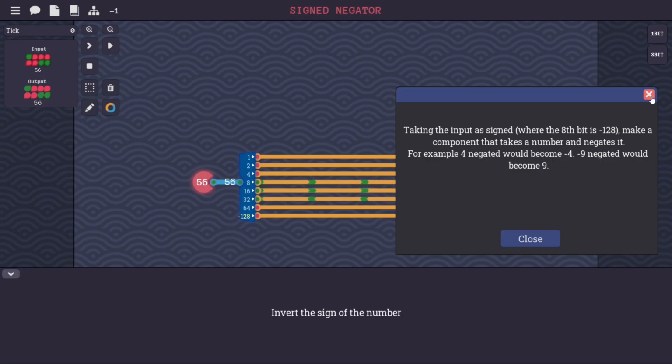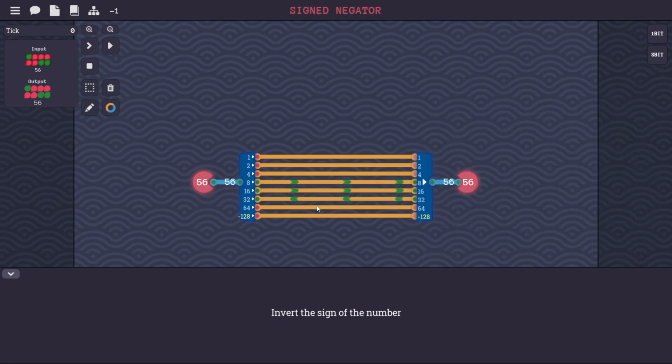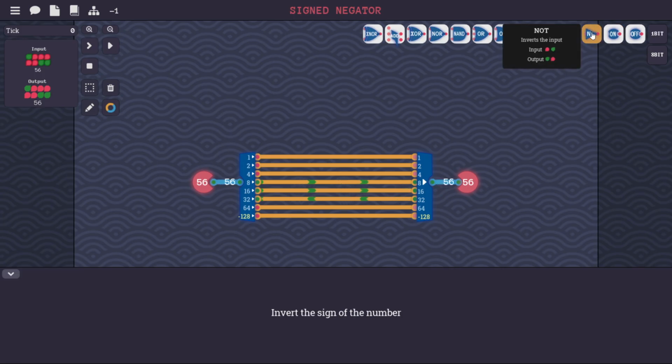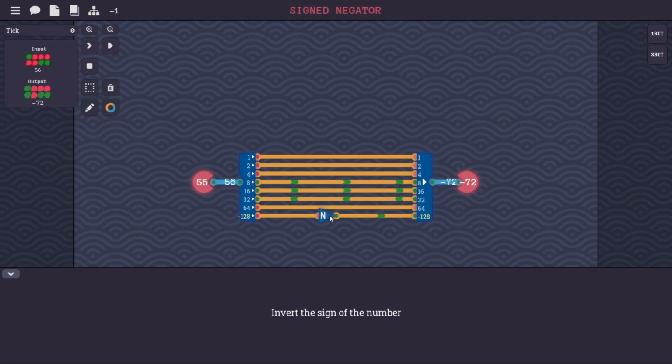As we saw, it was like inverting, I'm not sure, but this should turn it to negative, but negative 72. But that should not be the case.